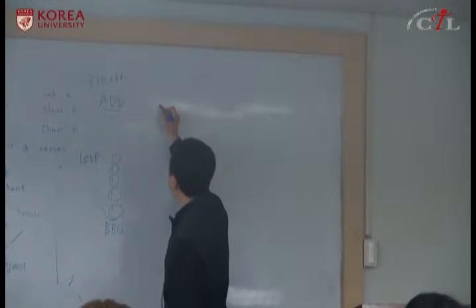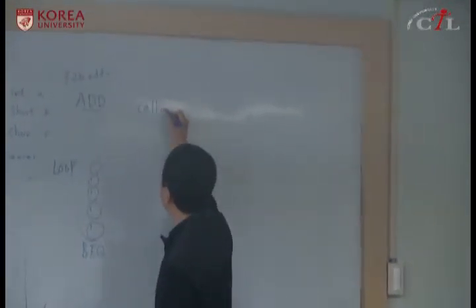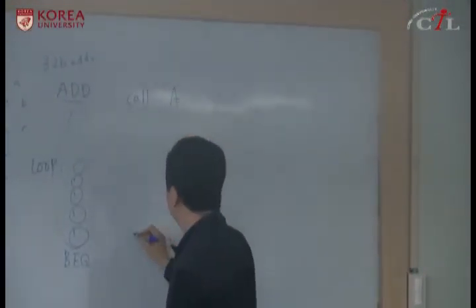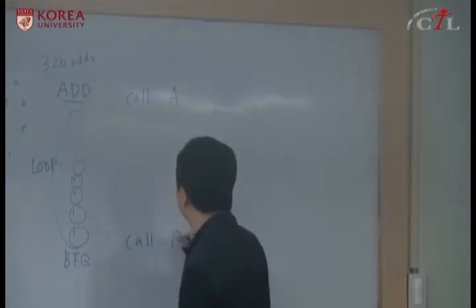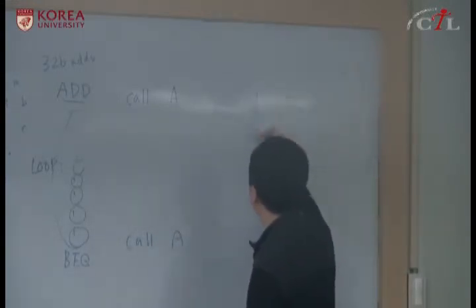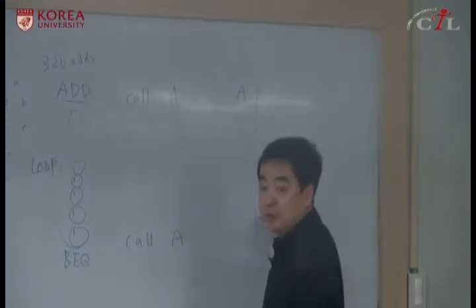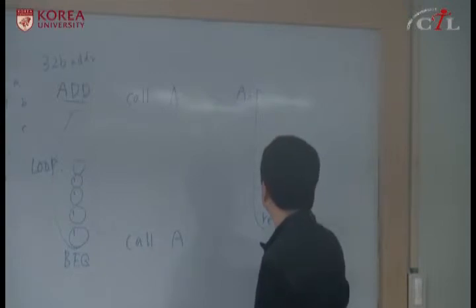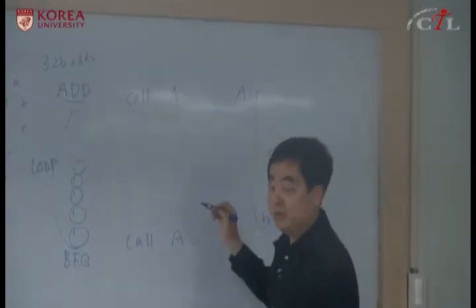So you can call a function, let's say a procedure call to function A. Inside function A, you have a return, right? And inside a function, you can call function B and so on, right?